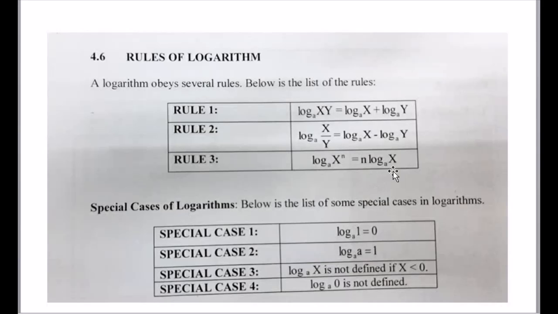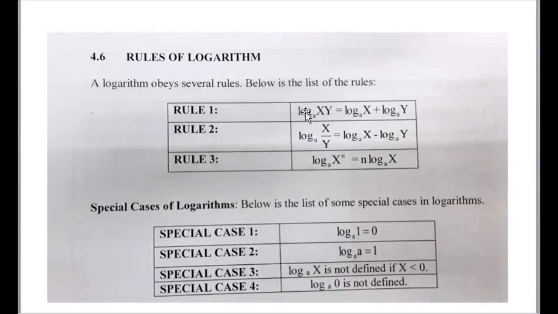Example 6, B. We have log 6 plus log y. We want to simplify this statement to a single logarithm term by using rule 1. Let's look at rule 1.